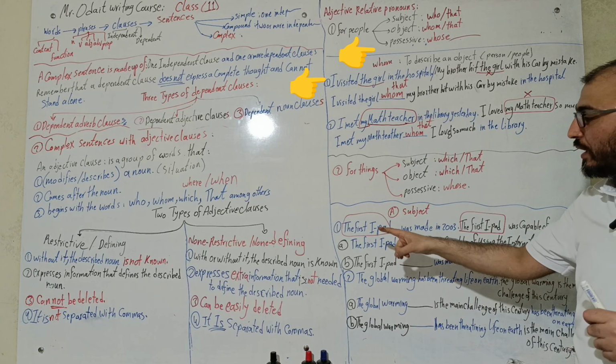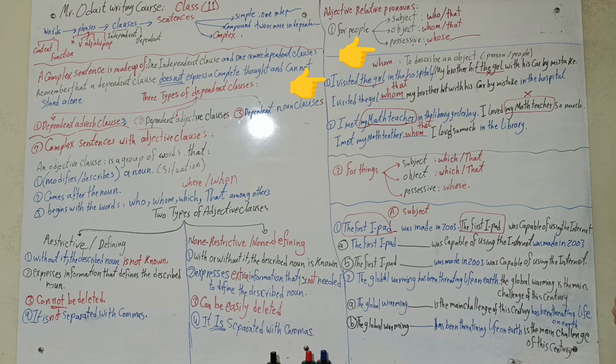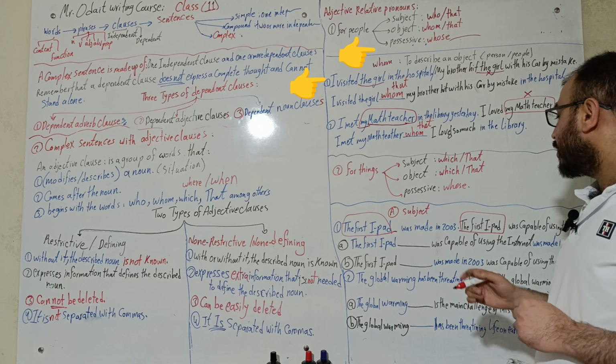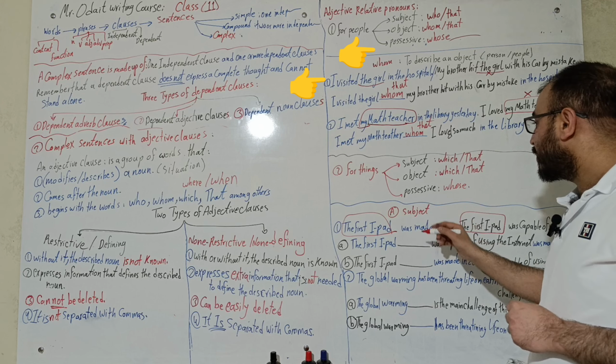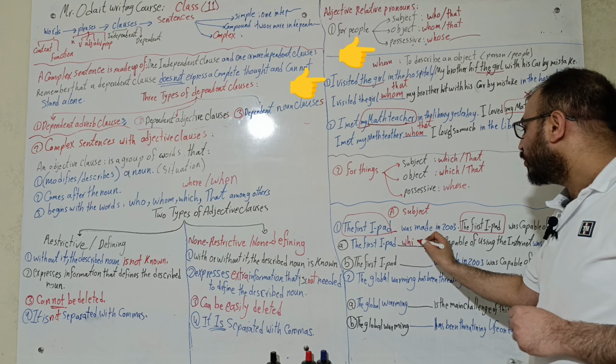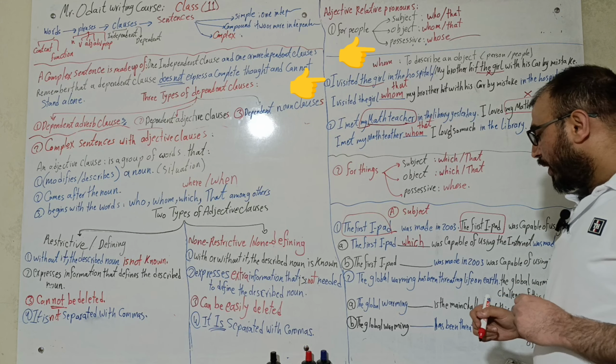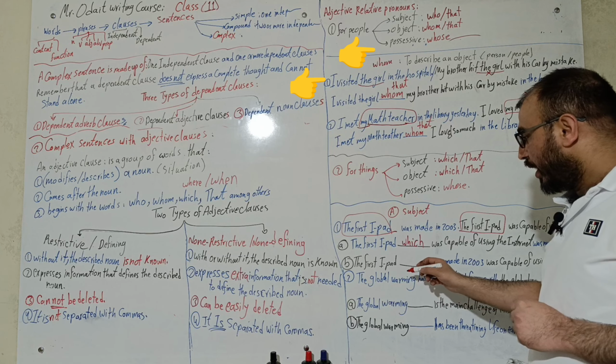Again, my friends, we should delete the subject, which is repeated in the inserted clause, so that we replace it with which. Here, my friends, the first iPad, which was capable of using the internet, was made in 2003.